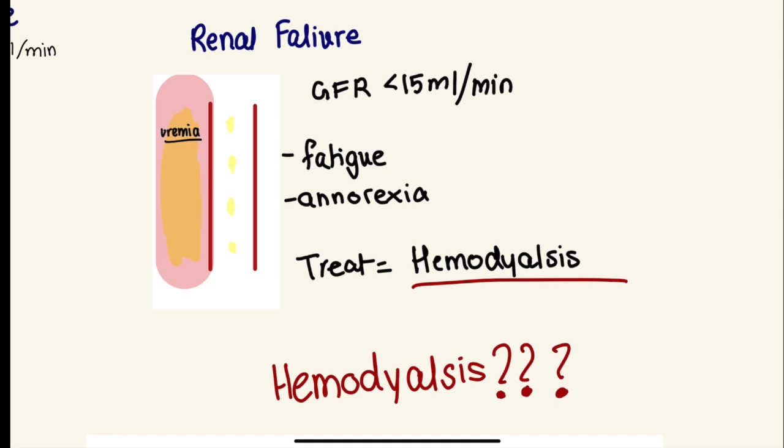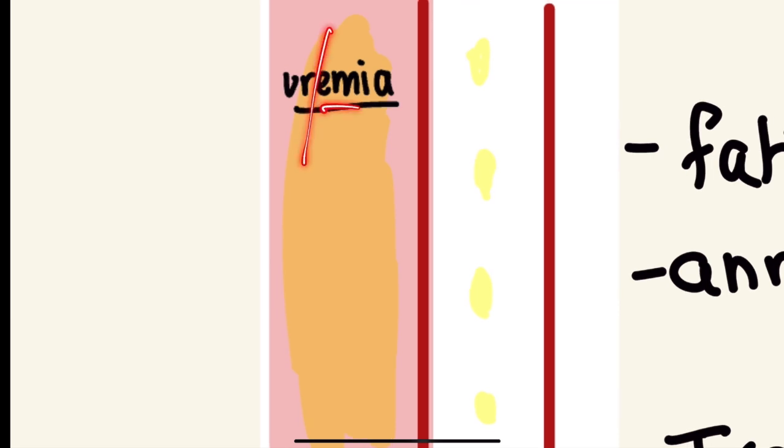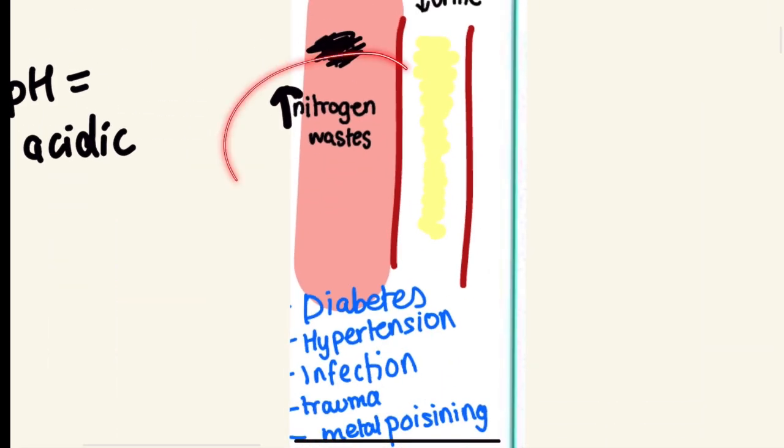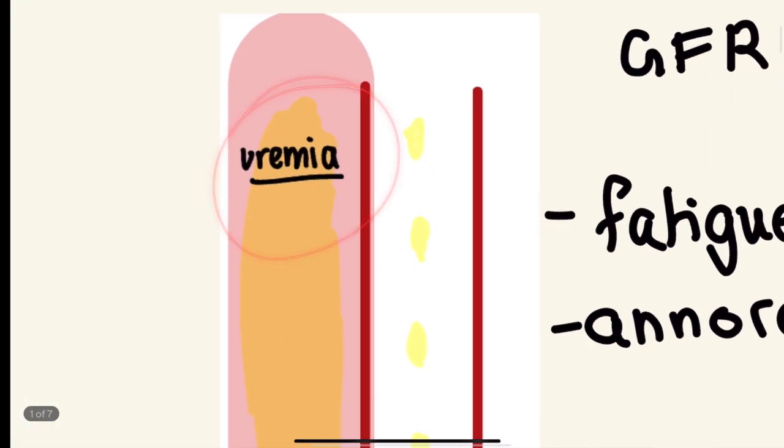Now let's look at the features. In this case, you're going to have something called uremia. Let's break the word down. In uremia, emia means in the blood, and ur- refers to urine. So it just means urine in the blood. In this case, what did I have inside the blood? A high amount of nitrogenous waste, right?